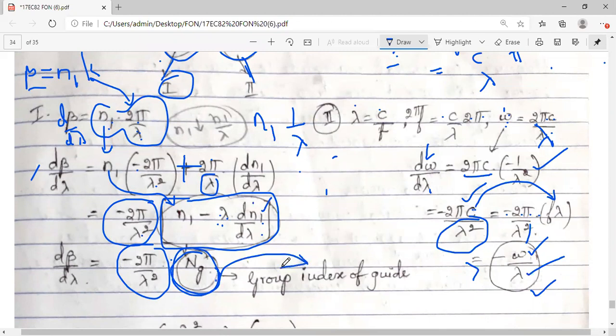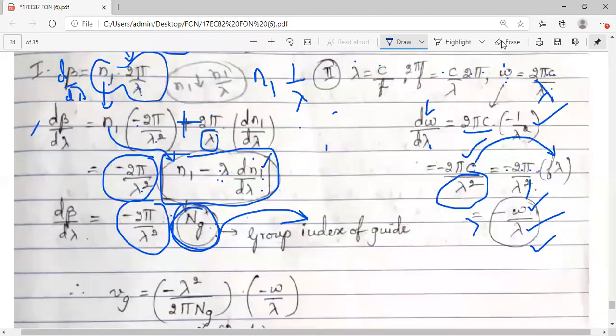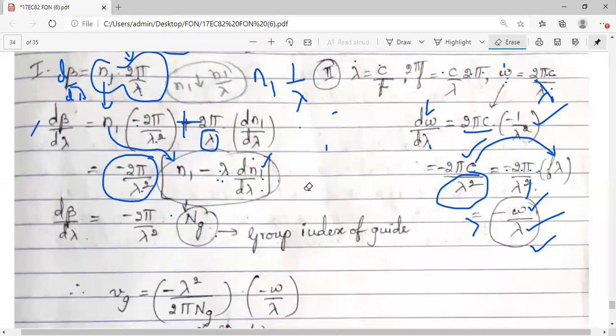Group index means what? A refractive index of one particular material. This is the group index of a complete waveguide. So ng stands for group index. So with this, we have got the first equation also. Separately we have found two different values.